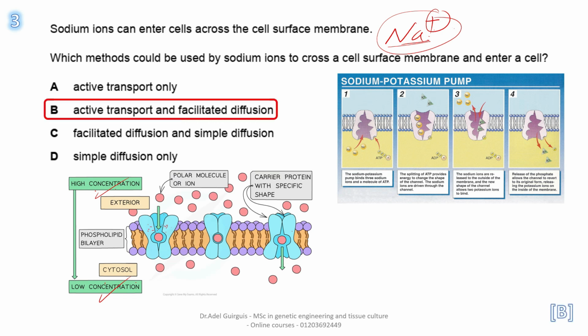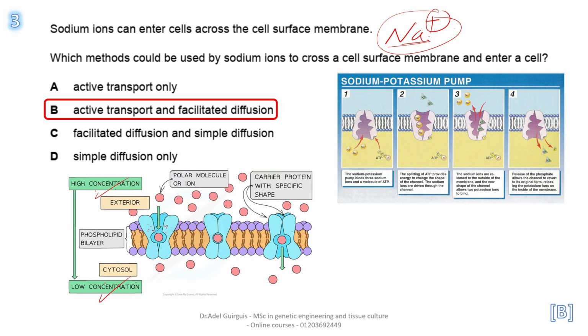All ions pass by these methods, through ion channels specific for each ion, or by a certain mechanism that needs energy like active uptake or active transport.